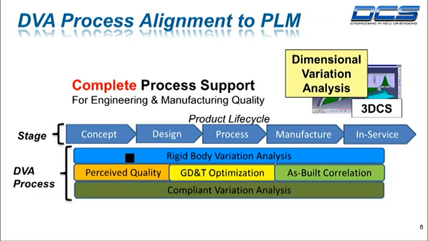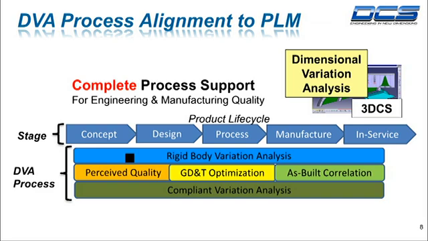The second and more comprehensive mode is compliant, and that takes into account the flexing that things will do due to impacts of manufacturing, such as the thermal effects induced by welding, or effects of pressure from clamping, or the effects of gravitational impact of putting one part on top of another part, for example.